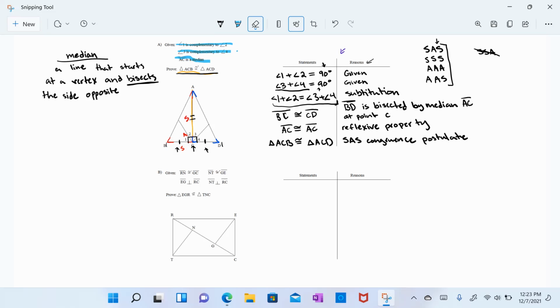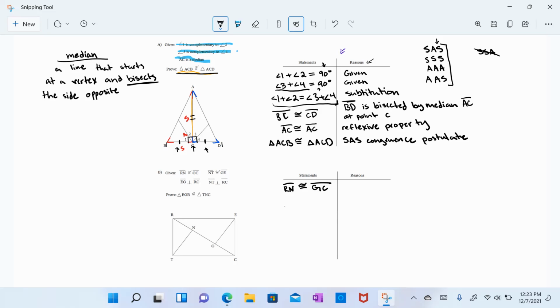Okay, so if you remember from what we did on the last one, we're going to start by writing down our givens. So we know that line RN is congruent to line GC.